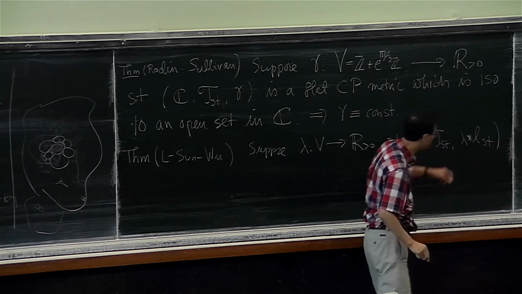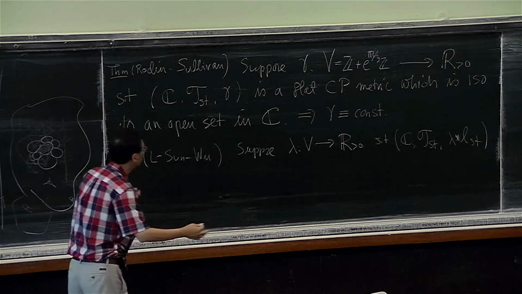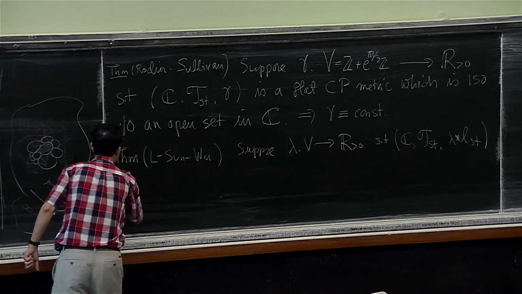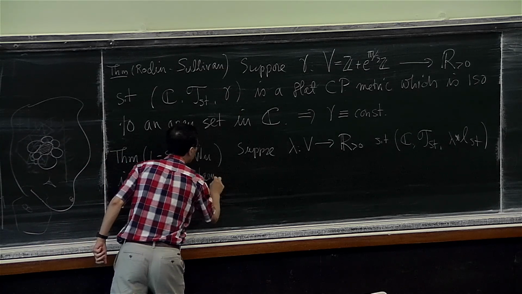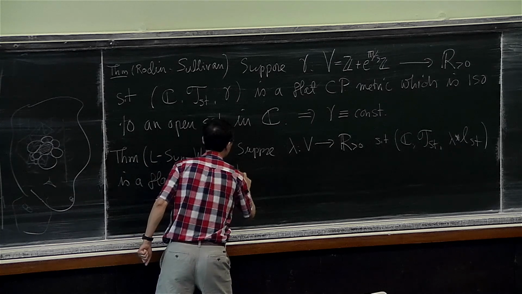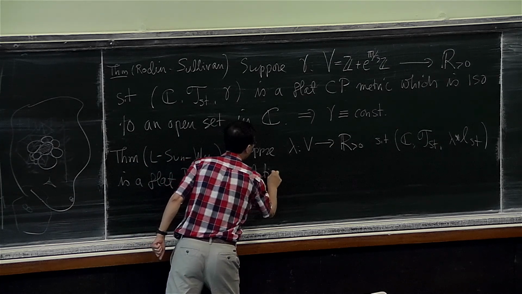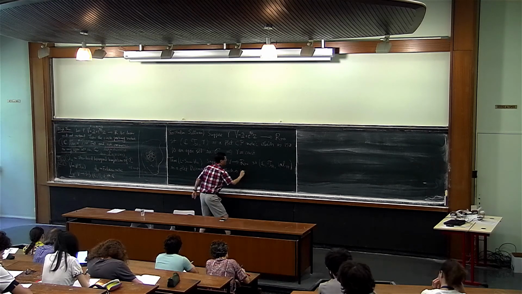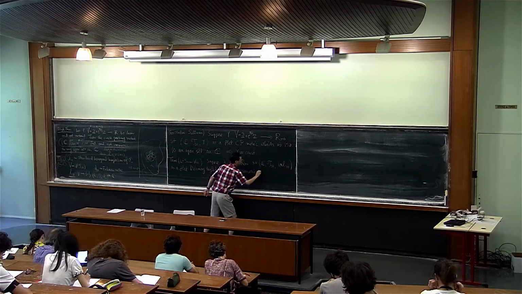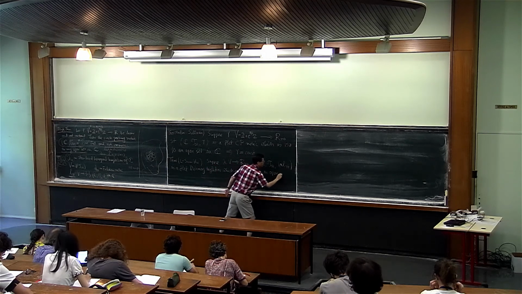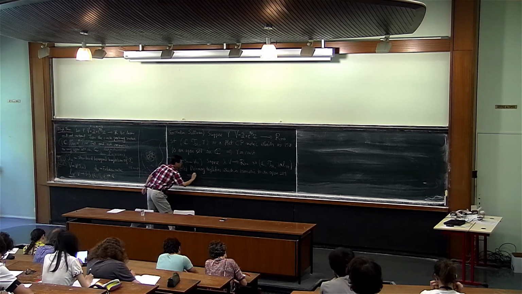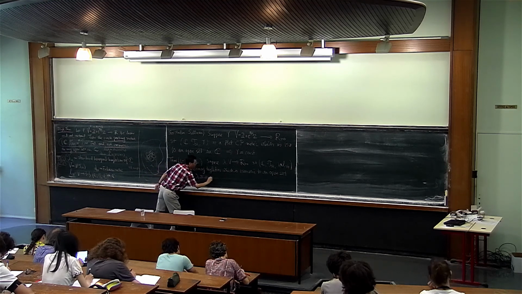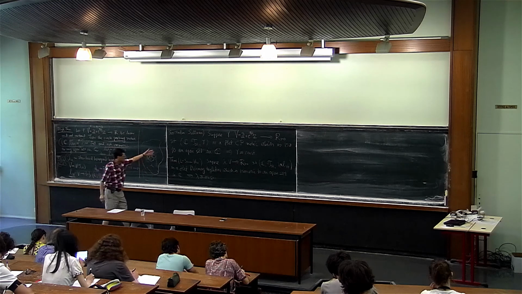This is a discrete conformal vertex scaling such that this is a flat Delaunay triangulation, which is isometric to an open set in the complex plane, then this lambda has to be a constant. Okay, so that's the analogous theorem.